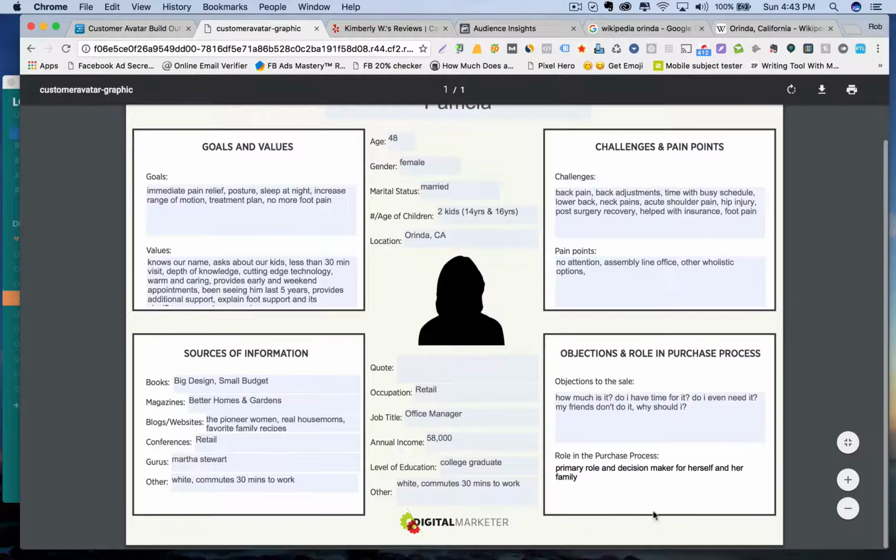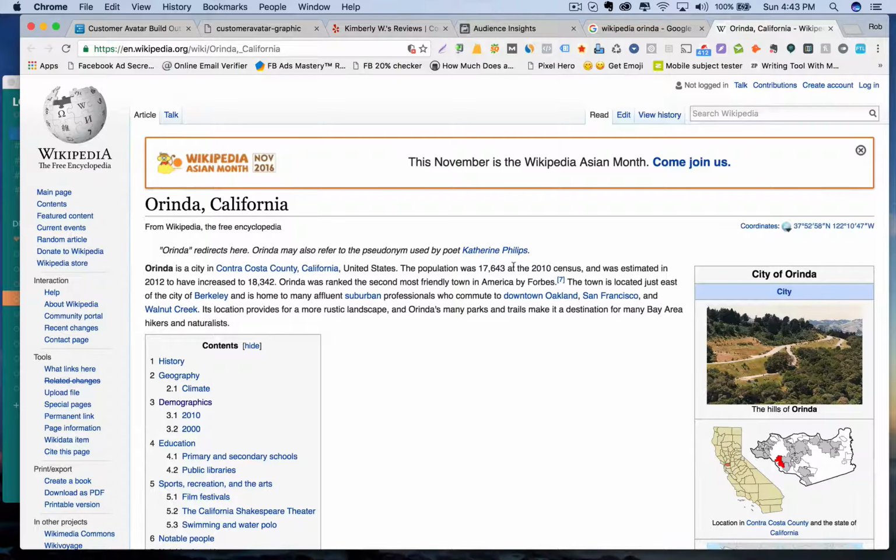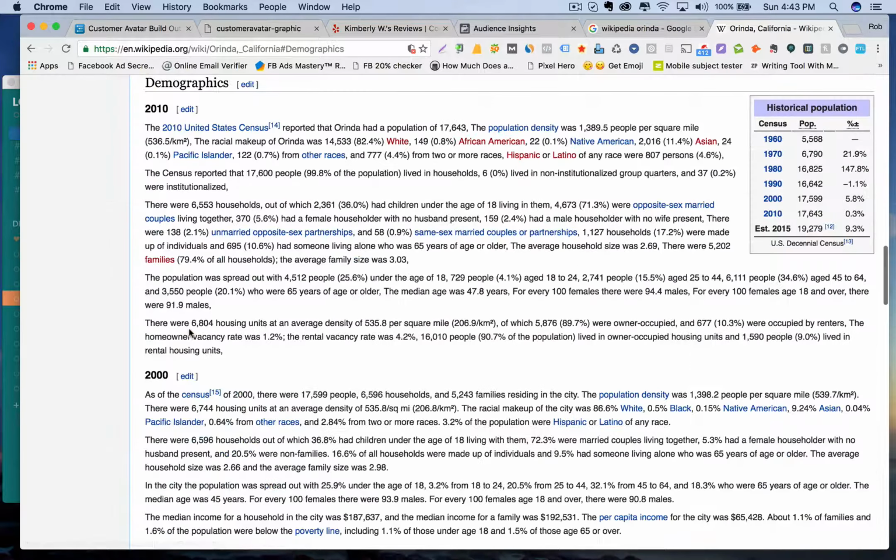So this is what the end sheet looks like. I pulled all this data from places that I found it. I didn't make any assumptions except for maybe one or two. Well, let's go through and see how many. So Orinda's first, then I'll go to Wikipedia, and then I go to demographics, and I just comb through. Now, all of these, because this is general, I'm going to make the best guess and take the general position as possible.